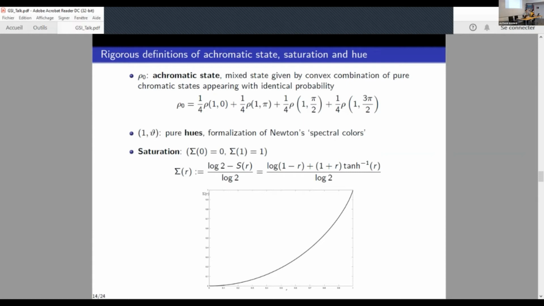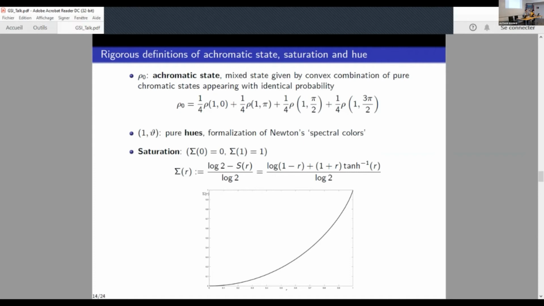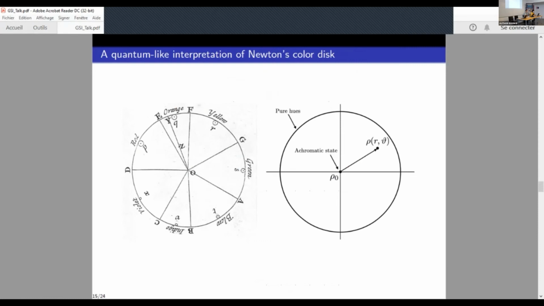And we propose to use von Neumann entropy to formalize saturation, of course, through this formula here, that allows us to have 0 saturation in the center of the disk and 1 on the border. And we just discovered that this also agrees perfectly with the concept of relative entropy between the state and the achromatic state. So, as you can see, Newton's idea can be formalized precisely through this quantum-like framework.